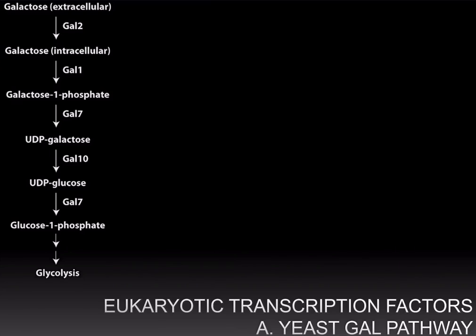And there is an enzyme called GAL2, which is responsible for the import of extracellular galactose into the cell, and therefore this would be similar or analogous to permease in the lac operon.